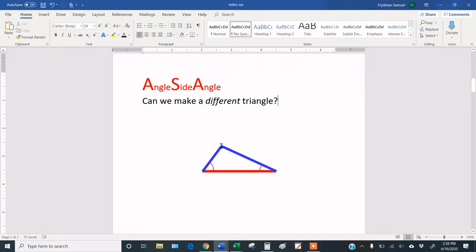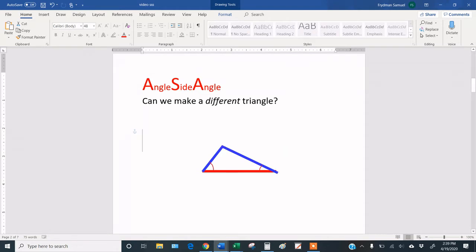However, these two sides are drawn in blue. So we are allowed to make them longer or shorter. Now, the question that we want to ask ourselves is, can we make a different triangle? In other words, we have the freedom to make this side as long or as short as we like, and to make this side also as long or as short as we like.